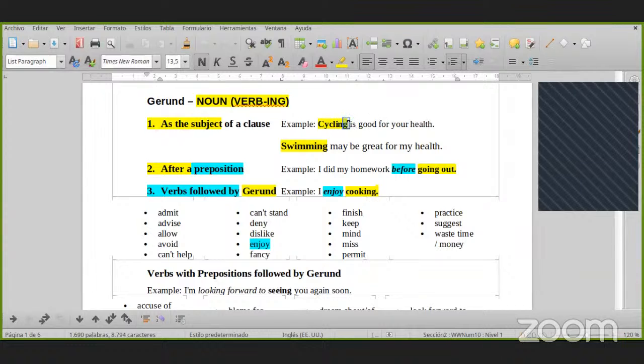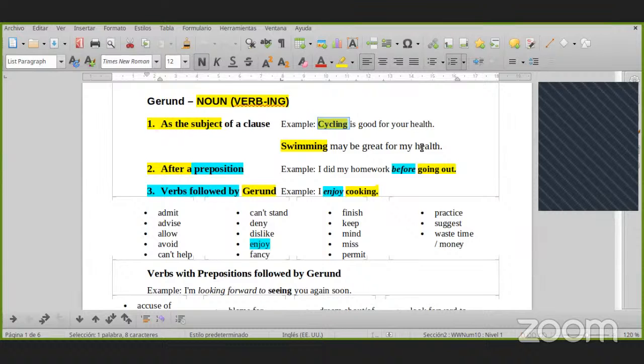In this case, cycling is my gerund. It is like my subject, my noun. So that's why I use ing. Cycling is good for your health. Now, here, swimming may be great for my health.